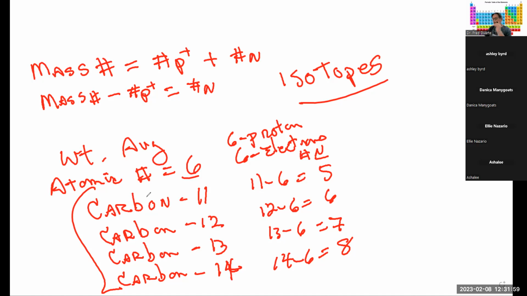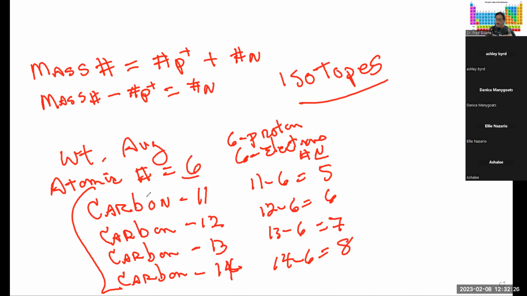That is what defines these elements. That element, if it has 6 protons, is carbon. The moment I lose or gain a proton, I have a totally new element. I will lose or gain neutrons and electrons all day long, and it has no effect as to what element I'm working on. So the protons is what defines it.